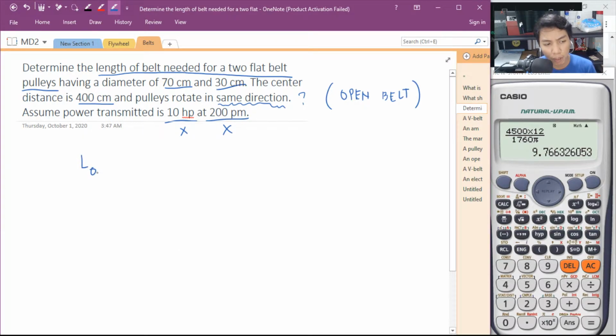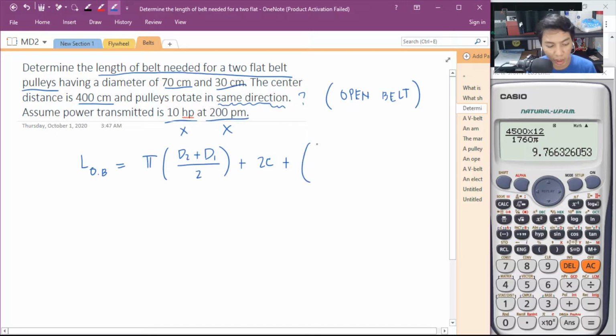But, you have open belt. Length of the open belt is pi multiplied to D2 plus D1 over 2, plus 2C, plus D2 minus D1 squared over 4C. Kaya lang, open belt, so, minus ito. Sorry, yung taas lang pala yung squared.